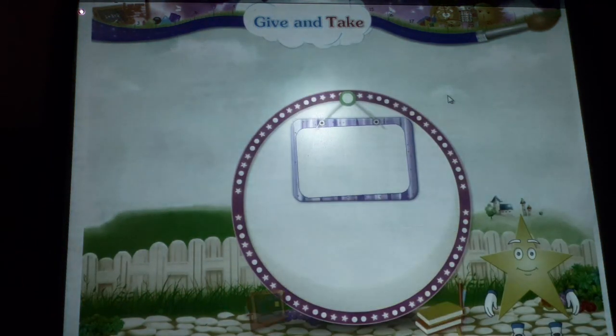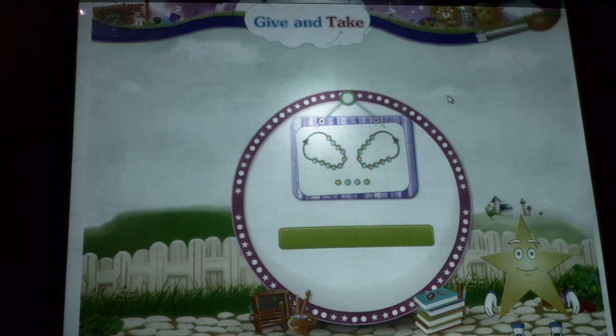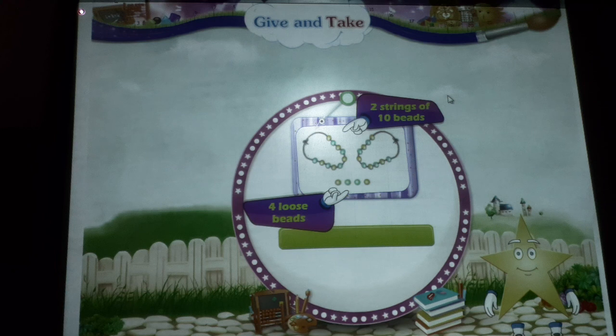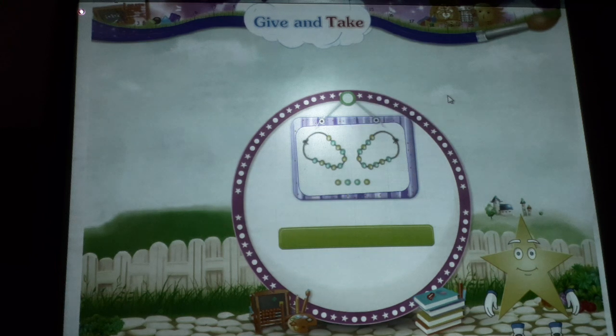Okay, Starry, look at this picture and write the proper number in the boxes. There are 2 strings of 10 beads and 4 loose beads. So, we have 2 tens, 4 units.